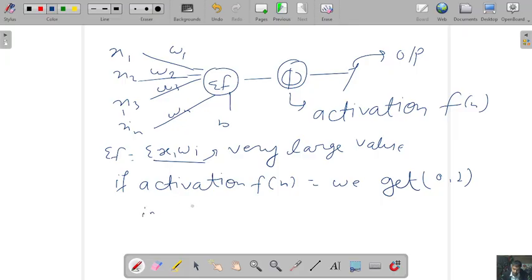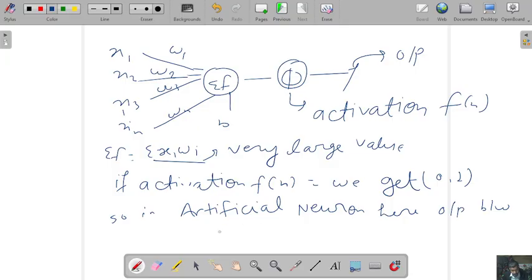So in artificial neuron, here output is between zeros and ones.